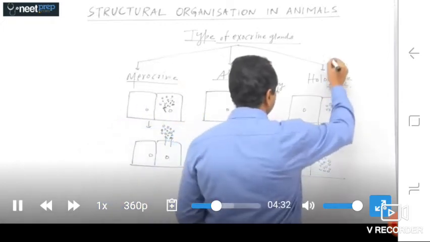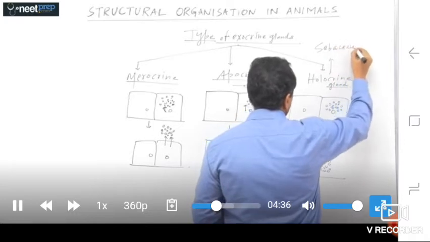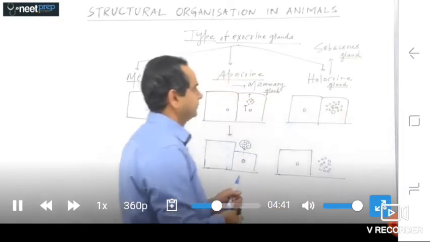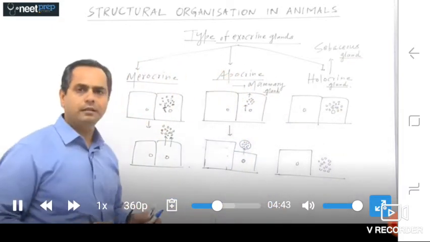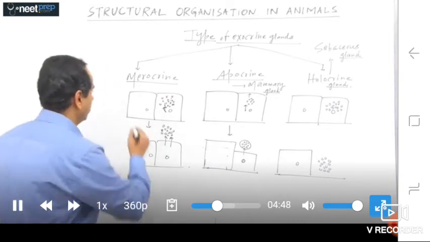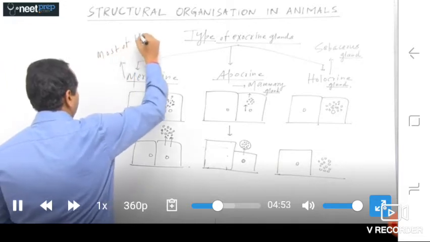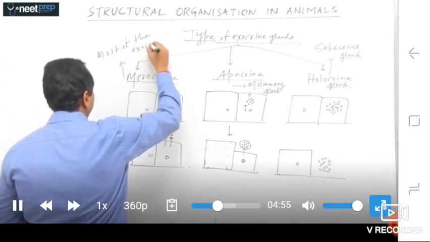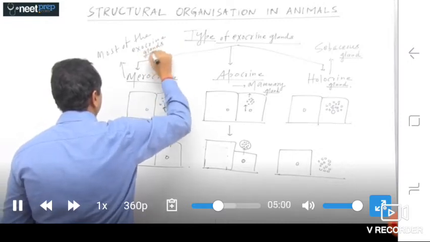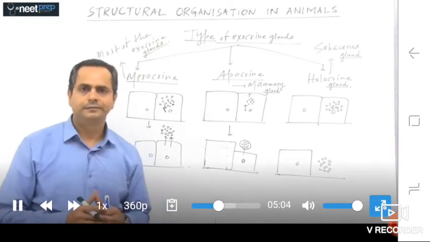Holocrine gland example is sebaceous gland, and most of the exocrine glands are merocrine.